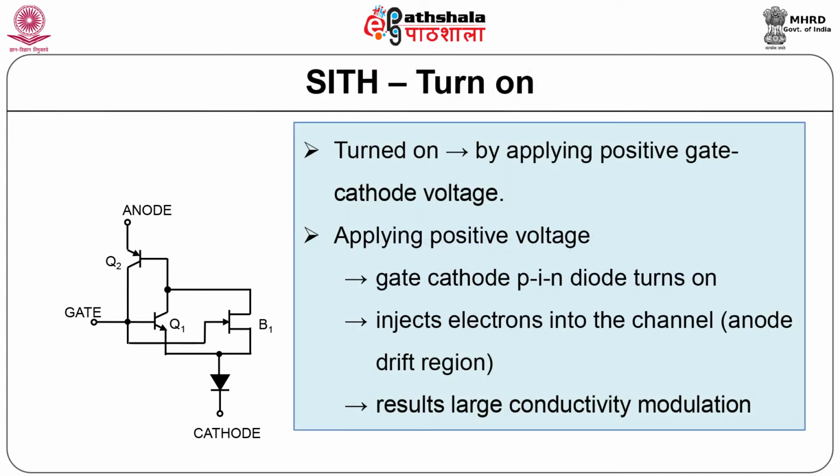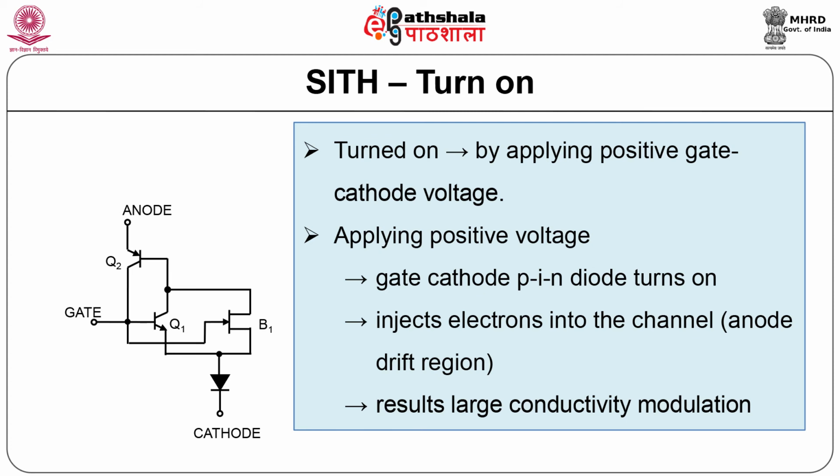Now, thyristor turn off. It is turned off by applying large reverse bias across gate and cathode. Due to large reverse bias, the depletion region of the gate junction grows and pinches off the channel. It prevents the current flow in the channel.